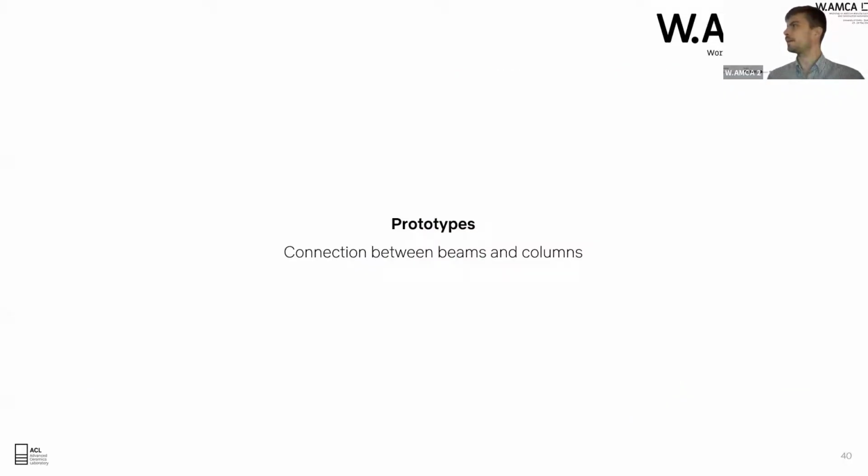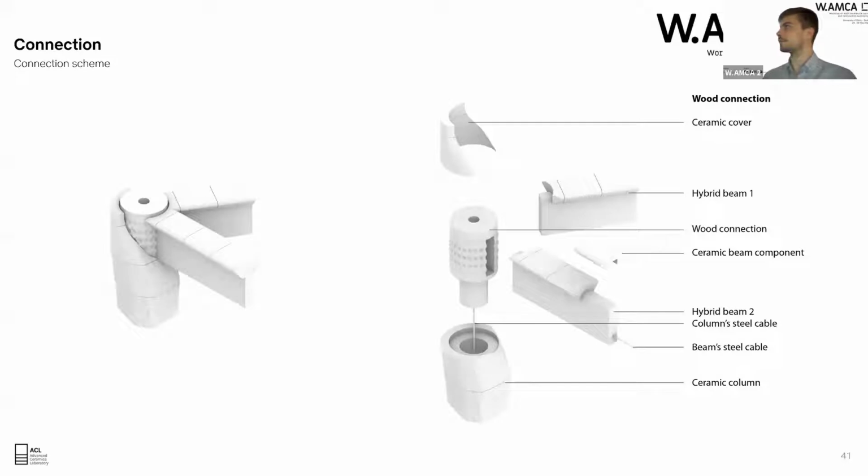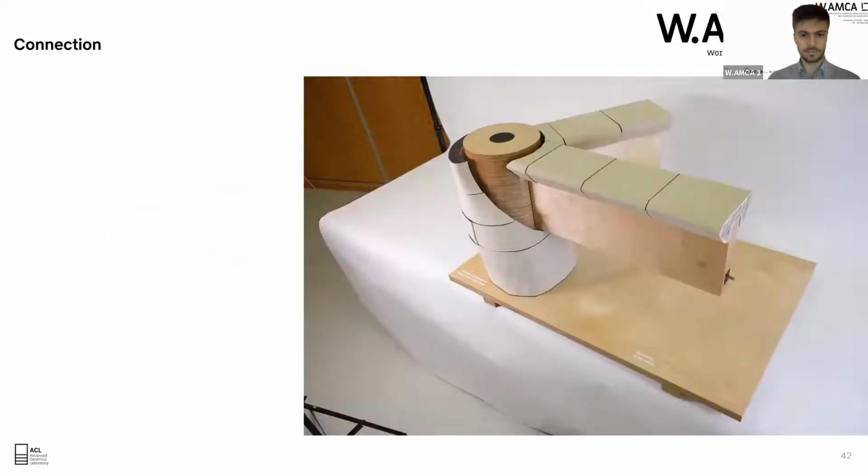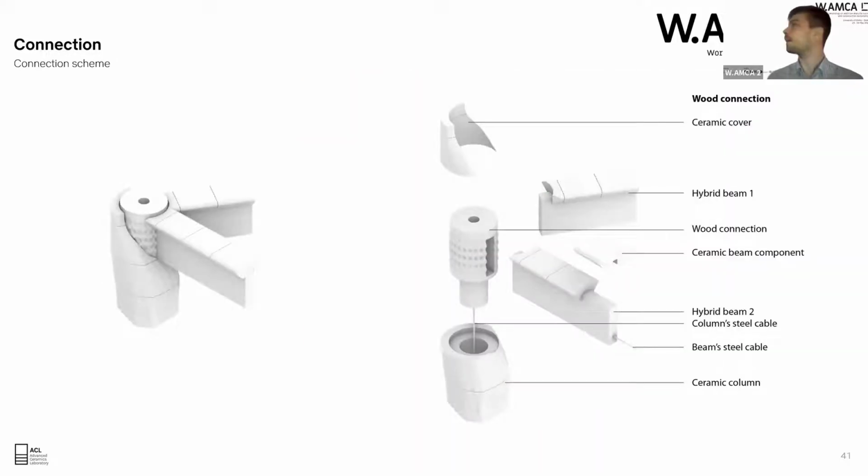So then we did the connection, or a type of connection, between beams and columns. Basically, it's that middle component. We have this component right here that goes inside the column and receives the beams.